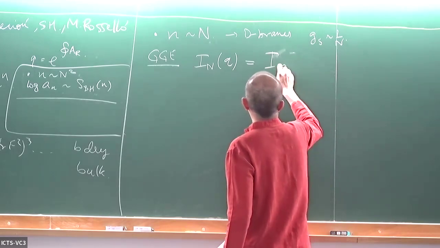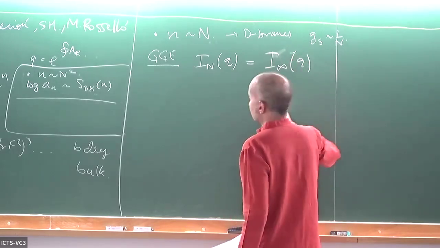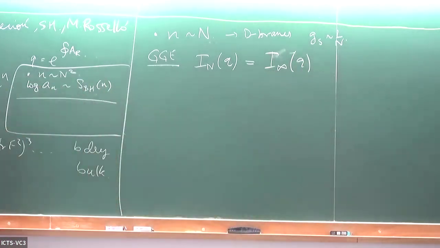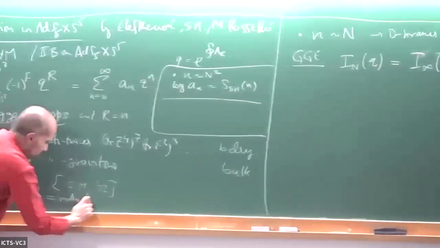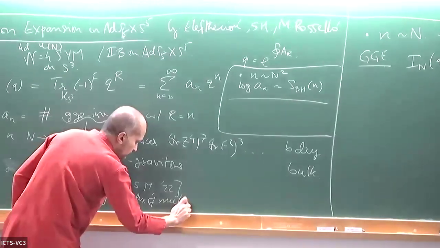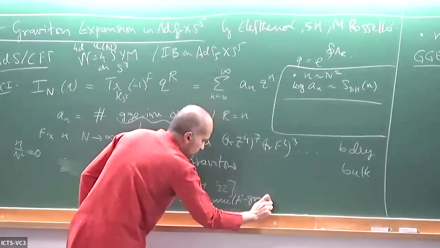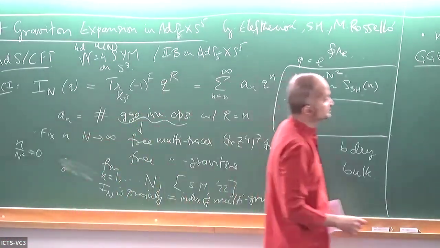So first, the statement is that the index for rank n is precisely equal to the index of multigravitons. That's the statement.